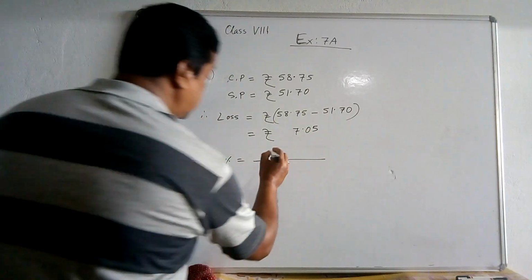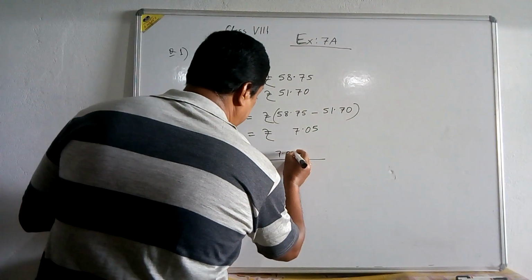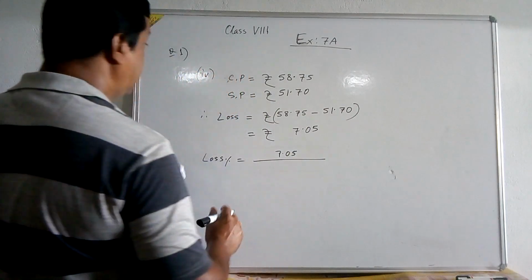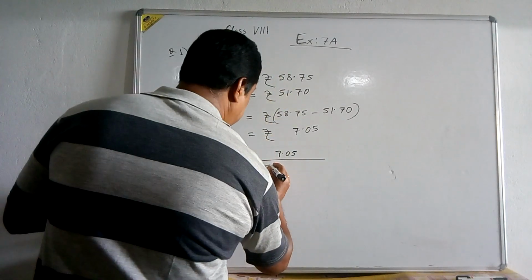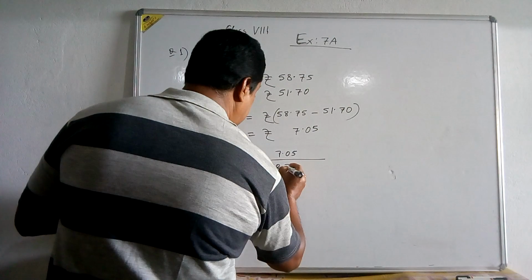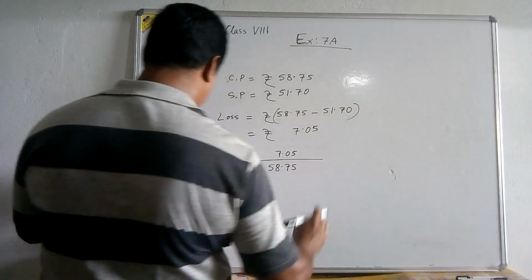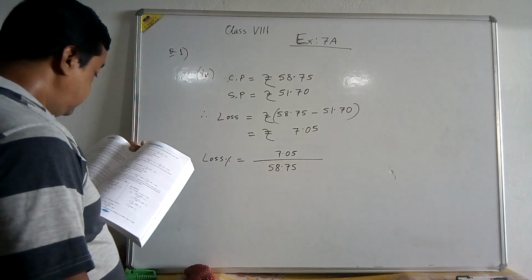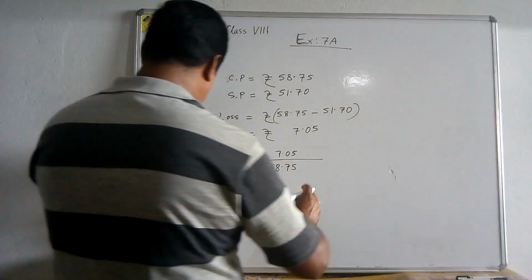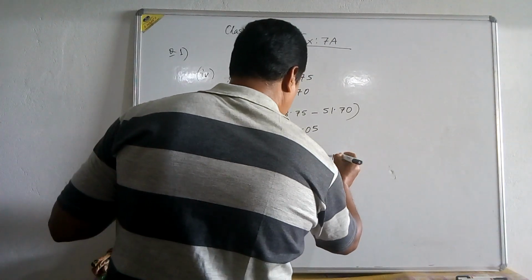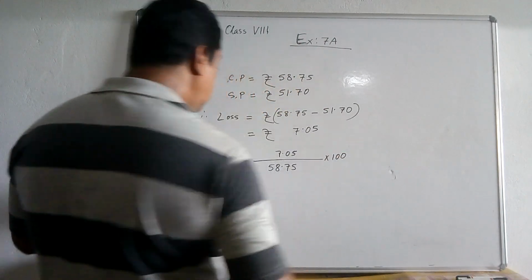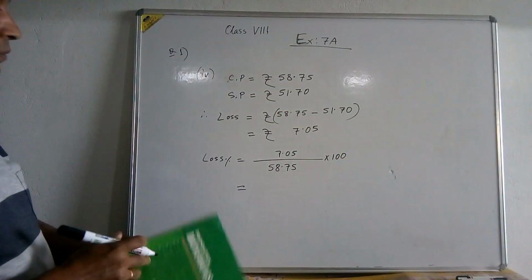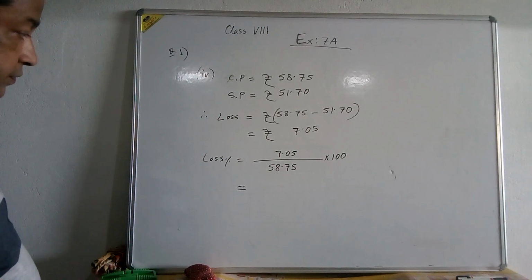So 7.05 by CP. CP is how much? 58.75, into 100. Now what will you get?